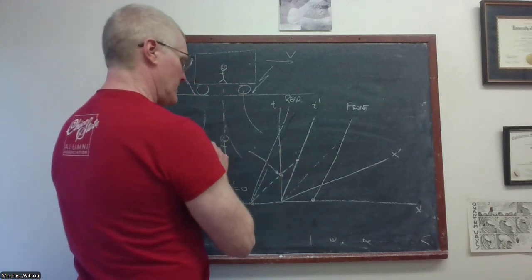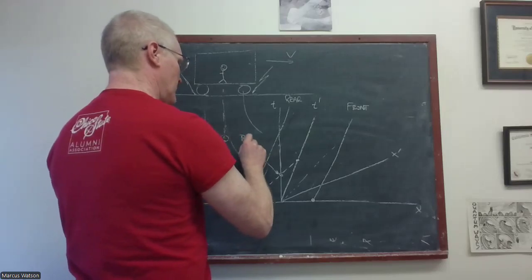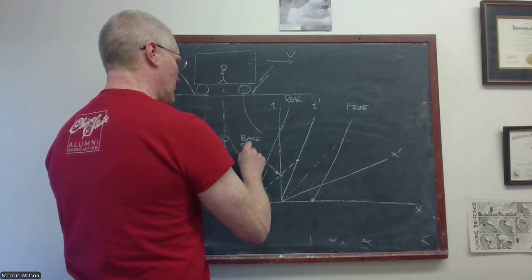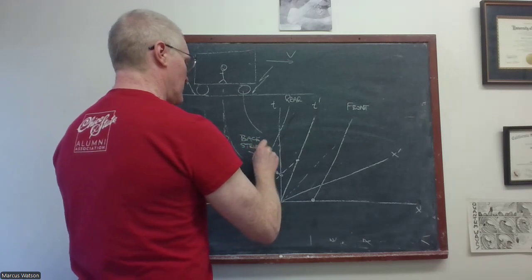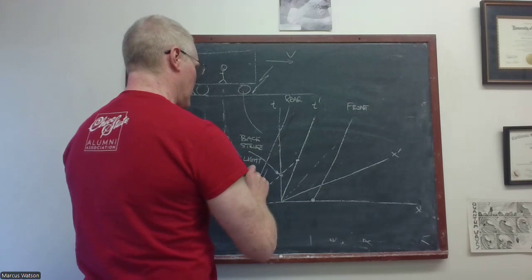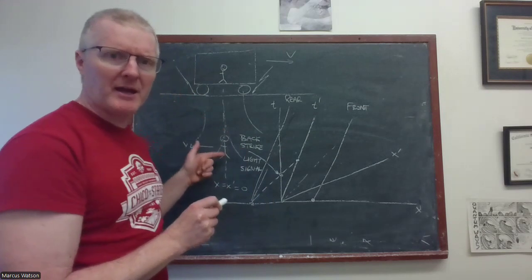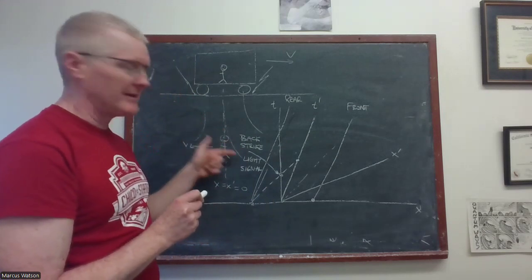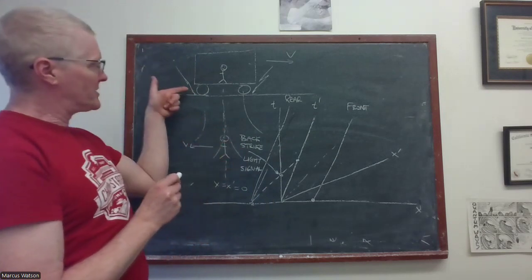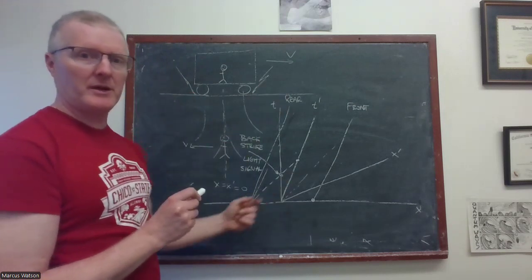So this is lightning from the back strike. Let's see, can you read that? Maybe not. It says back strike, light signal. So in other words, it's the back strike, and it's the light signal propagating going that way.